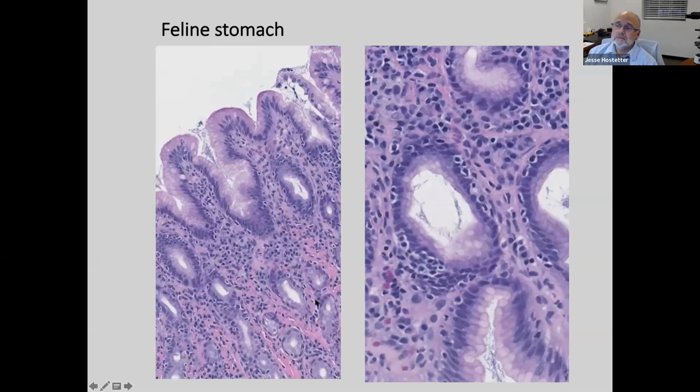This is a cat stomach. Anybody have any guesses as to what this is? What I thought this was anyway? Chronic vomiting, diarrhea, and weight loss. Yeah. I thought this was a good, we had evidence here of Helicobacter. You see these spiral bacteria in the lumen.